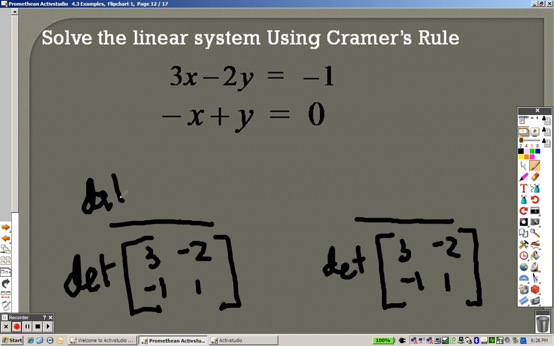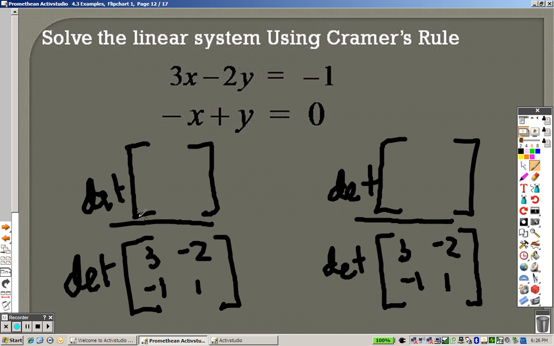Alright, the top is a little more challenging to remember, but still not that difficult. And what do you mean by that? Well, if I said find X, that means this is the X column, right? I put my answers in for the X column, and Y stays the same as the bottom. Since I'm solving for Y, I put my answer in the Y column, and X stays the same the entire way down.